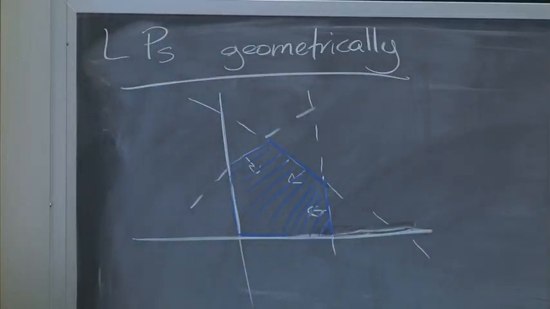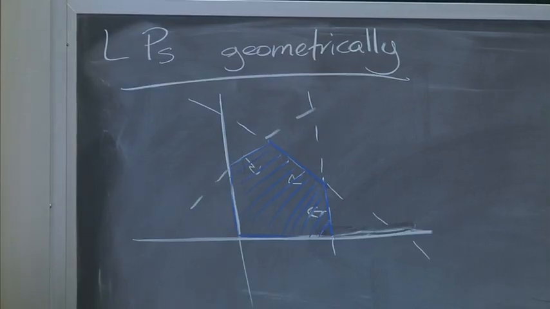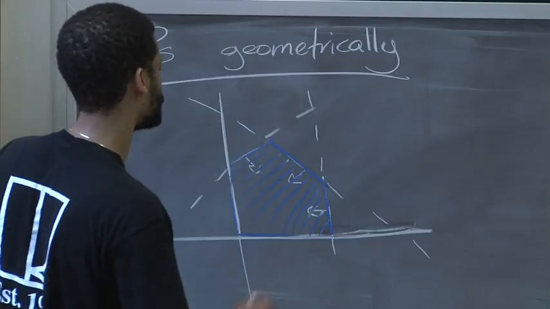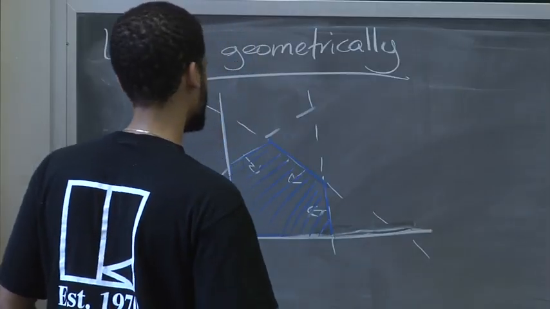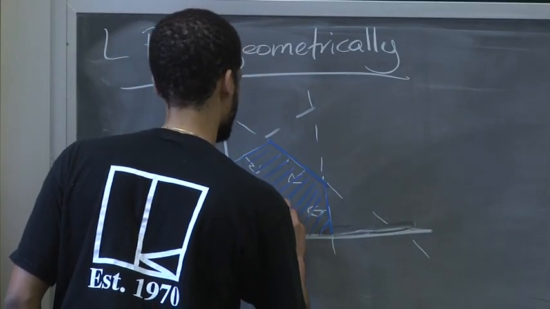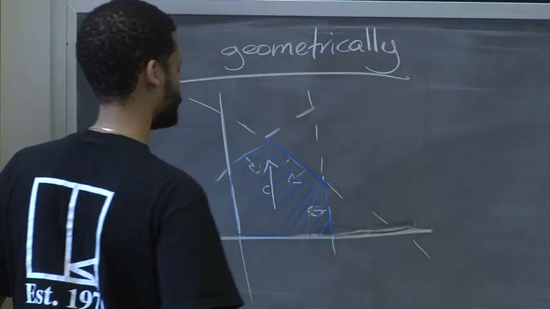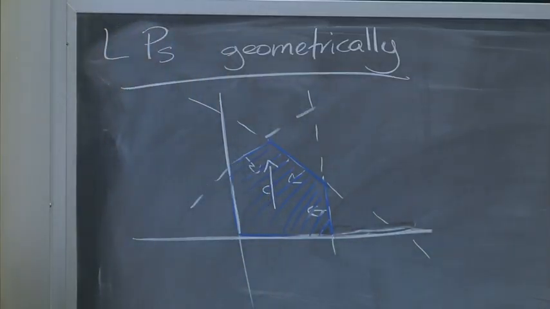Okay. And the basic way that simplex proceeds is it starts at some vertex, and then there's going to be the c vector, right? So let's say this is c right here.